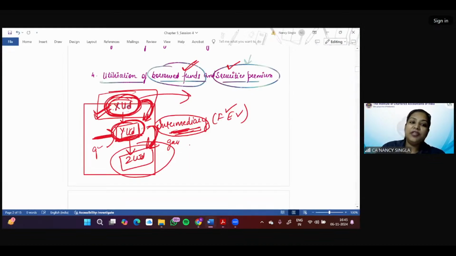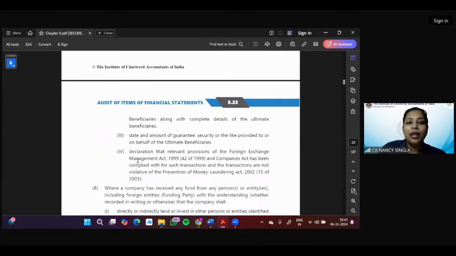So the ultimate beneficiary in this clause is what? X Limited. Ultimate beneficiary basically means the one to whom the benefit has been derived. It can be X Limited, it can be Z Limited, depending upon the context in which it has been used. Y is not the ultimate beneficiary. Why? Because it is the intermediary, right?